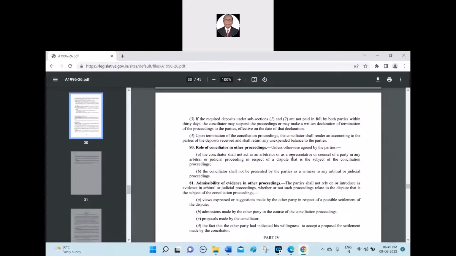And generally ADR is there because a new method is being adopted by the people, and the court is also encouraging Lok Adalat as well as this ADR, alternative dispute resolution. They make a reconciliation and see that the problem is solved.